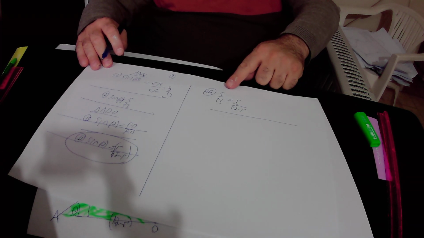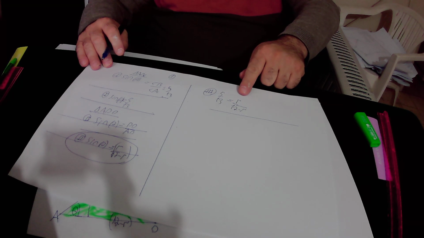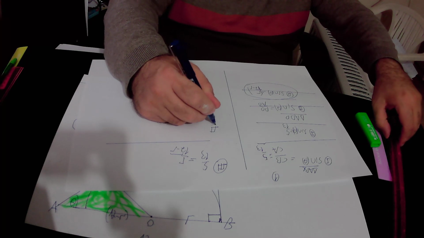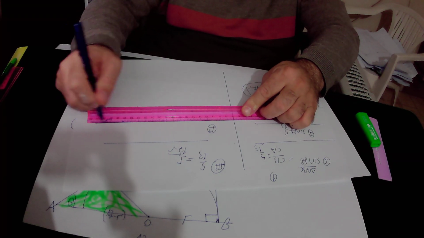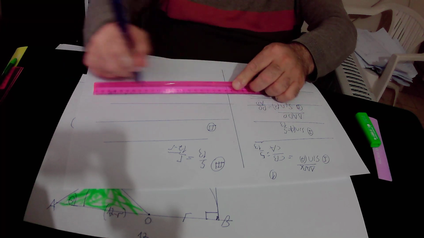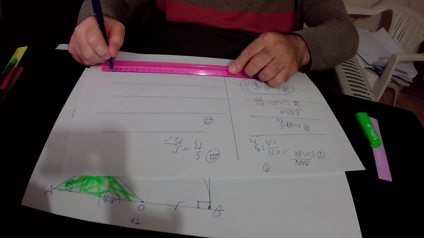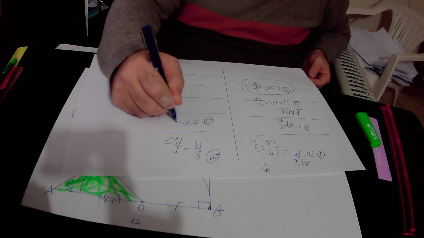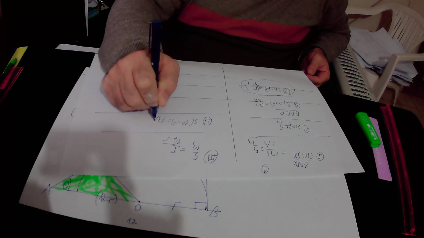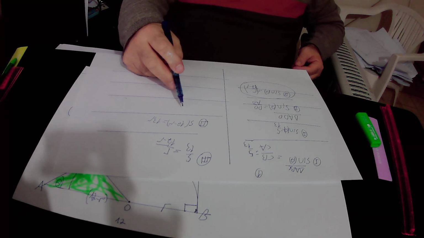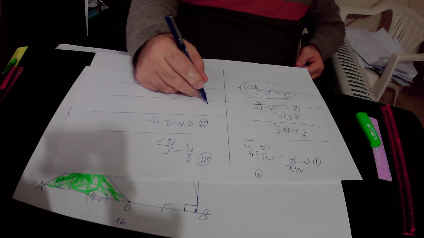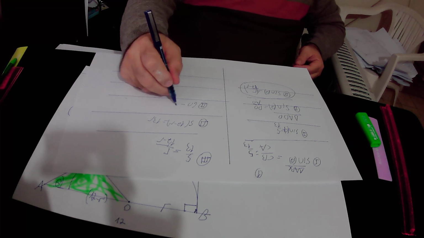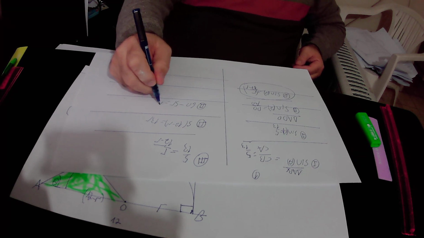Here we will cross multiply equation number 3 and we will get that 5 times 12 minus R equals 13R. Here we will open the brackets of this side of the equation and we will get that 5 times 12 is 60, 5 times minus R is minus 5R, and it equals 13R.